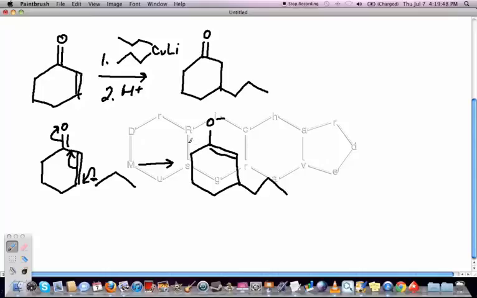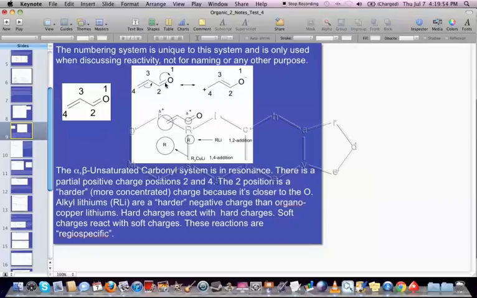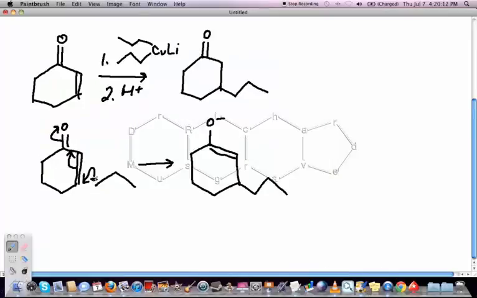Alright, just going back briefly to the PowerPoint, you'll notice that the alpha-beta unsaturated carbonyl system we've been discussing is capable of resonance, and that resonance leaves a partial positive charge on this carbon at the end of the system at position 4. So that's how I'm justifying the attack of this negatively charged species on that carbon right there.